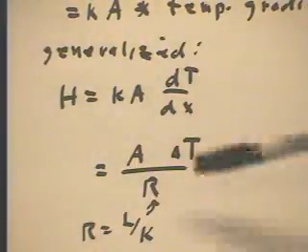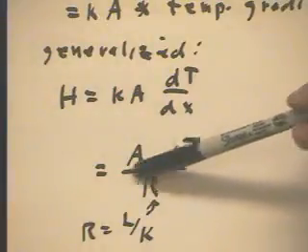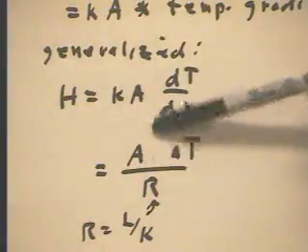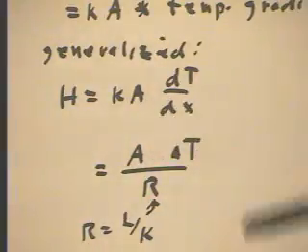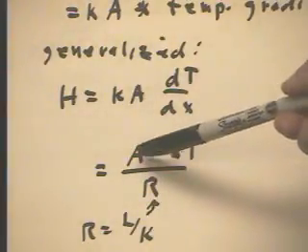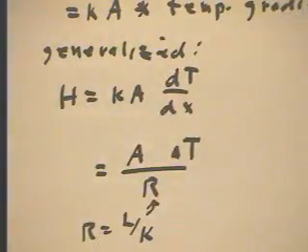We also say that this is A delta T over R, where R is regarded as thermal resistance. The way we think of this, if you've got a wall of area A and a temperature difference delta T, then a larger A and a larger delta T tends to make more thermal energy flow through the wall.